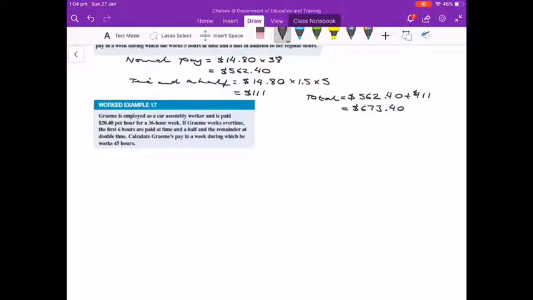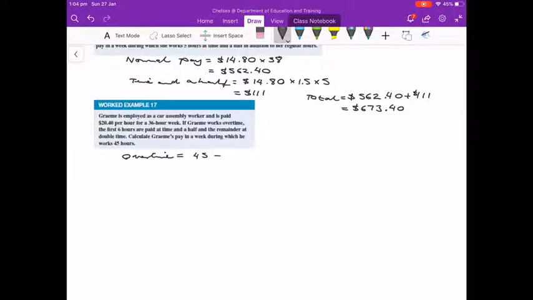Graham is employed as a car assembly worker and is paid $20.40 per hour for a 36-hour week. If Graham works overtime, the first 6 hours are paid at time and a half and the remainder is paid at double time. Calculate Graham's pay in a week during which he works 45 hours. So we've got to figure out firstly, how much extra is Graham working?